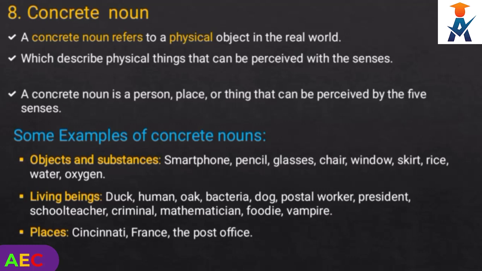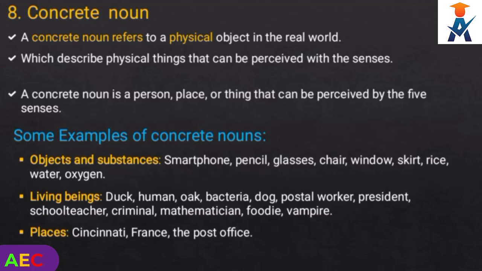We can touch, we can smell, we can hear, we can see. So these are concrete nouns, which describe physical things that can be perceived with our five senses. A concrete noun is a person, place, or thing that can be perceived by the five senses. They are tangible and have a physical existence in this world.